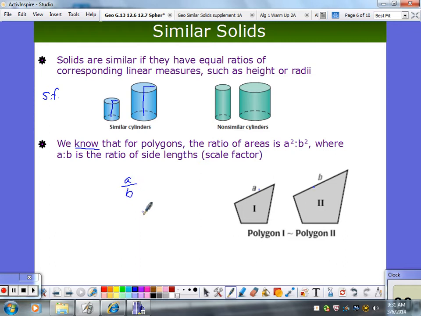What is the ratio of the perimeters? A to B as well, right? Those are still sides that we're comparing. We call this the scale factor. If you want to know the ratio of the areas, you square that.